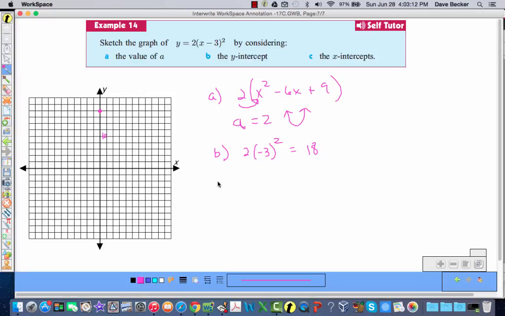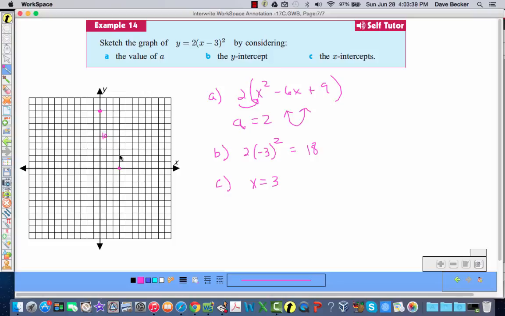And then my x-intercept is 3. It just touches it. That's going to be touching the x-axis at 3. 1, 2, 3. And since it's touching, I know that's the vertex. Oh, the y-intercept, I didn't have to go through all. Oh yeah, I did have to go through all that.